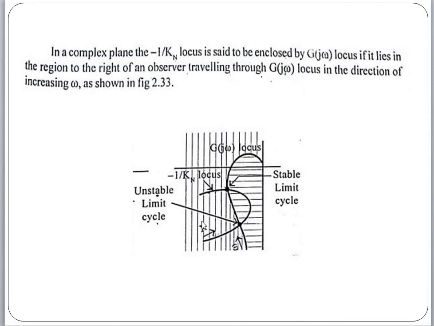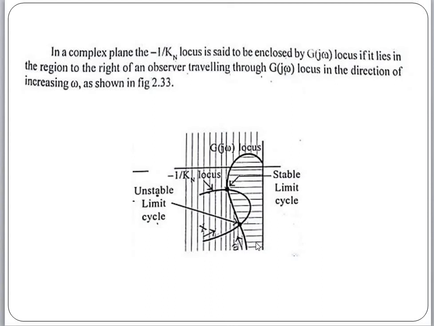You can see that the region with vertical lines is the stable region, and with horizontal lines is the unstable region, because in vertical lines, the minus 1 by kn locus is outside the g of j omega locus. That means it is not enclosing. And with horizontal lines, the minus 1 by kn locus is inside the g of j omega locus. That means it is actually enclosing.